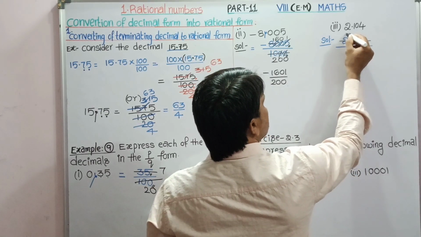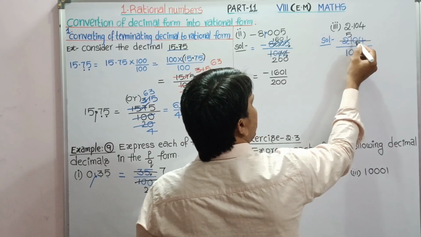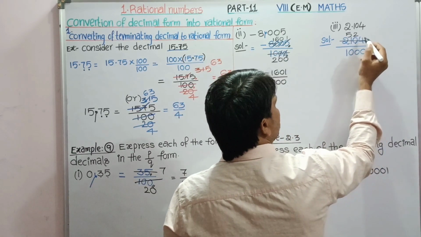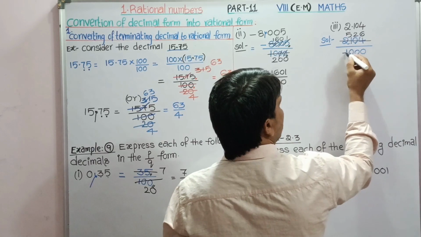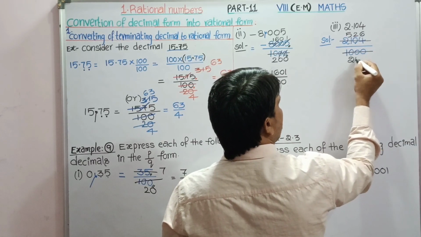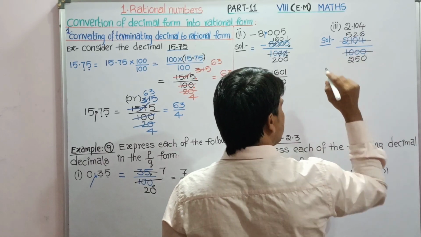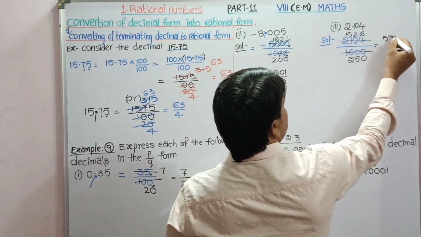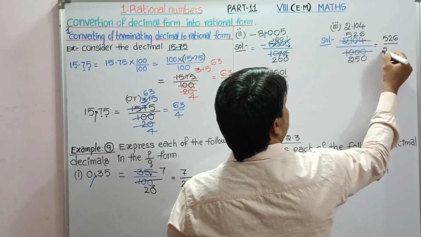See, 4 5s are 20, remainder 0, 10. 4 2s are 8, remainder 2, drop 4, 24. 4 6s are 24. 4 25s are 100 and 4 zeros are 0, 250. Again we get 526 by 250.